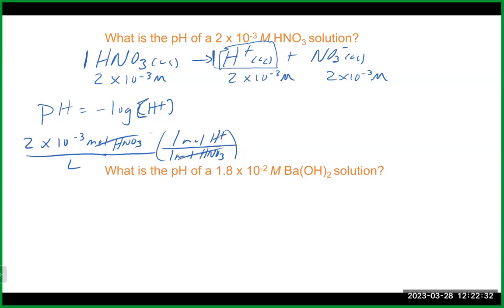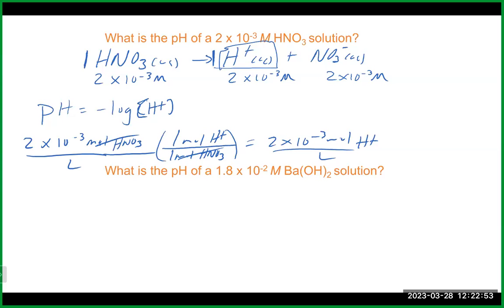Moles of HNO3 cancel, leaving us with 2 times 10 to the minus 3 moles per liter of H plus. So if it breaks apart in a 1-to-1 relationship, it'll be the same concentration. If it breaks apart in a 1-to-3 relationship, you multiply the concentration by 3. That is how ions work.